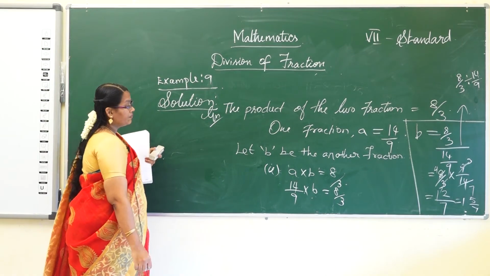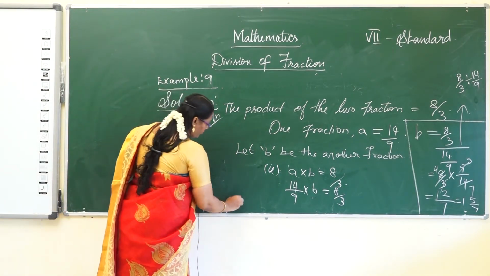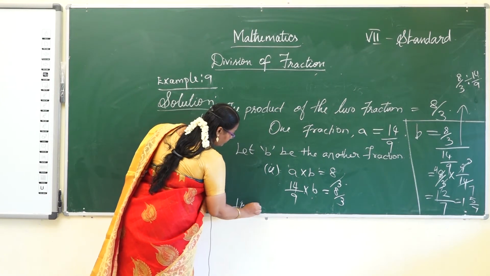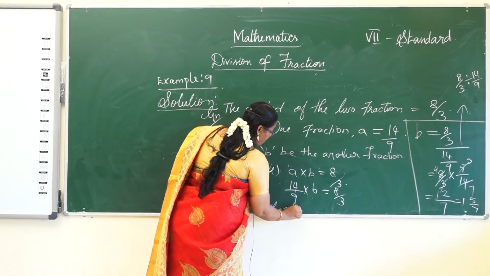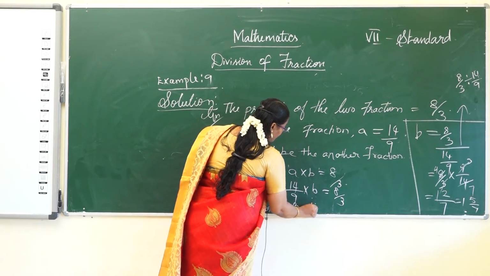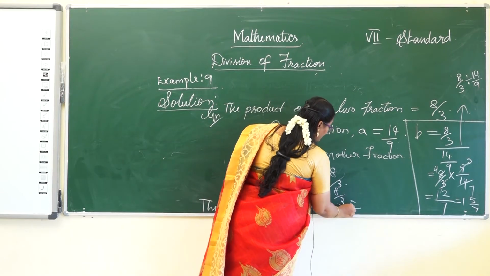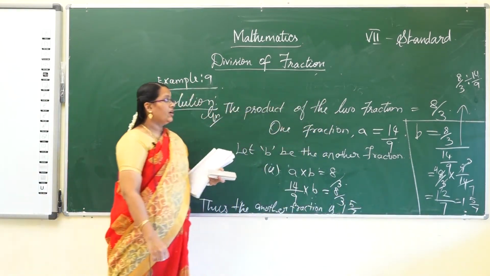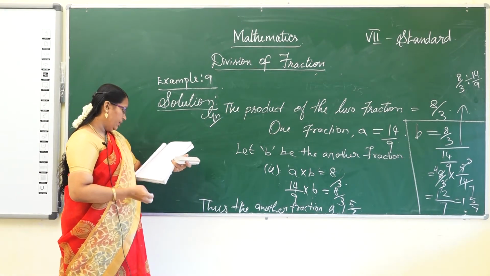So the answer, the other fraction, is 1 5 by 7. I hope you all understand the concept of example 9.